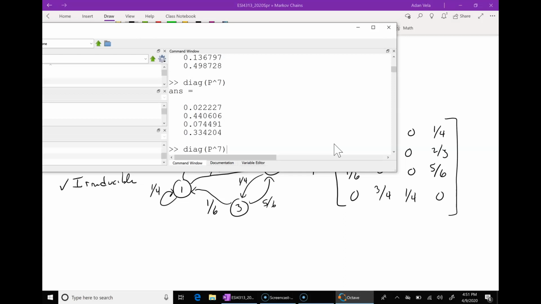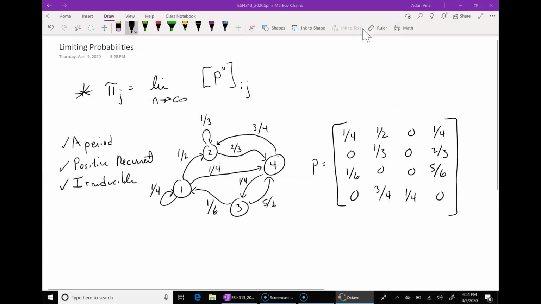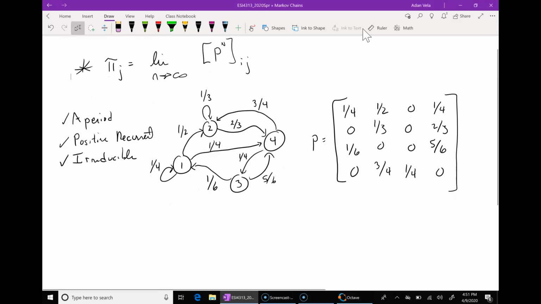You can see there's definitely no periodicity, or else we'd see zeros pop up every now and again. So we're definitely aperiodic and we're positive recurrent. I'm not going to go through that again, since we have ways of checking or calculating positive recurrence.